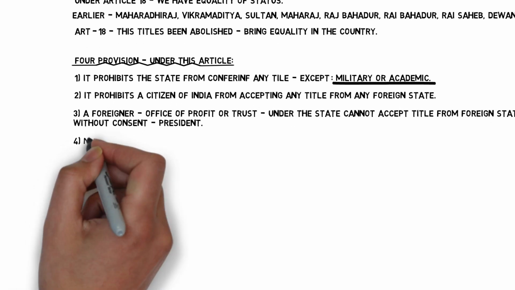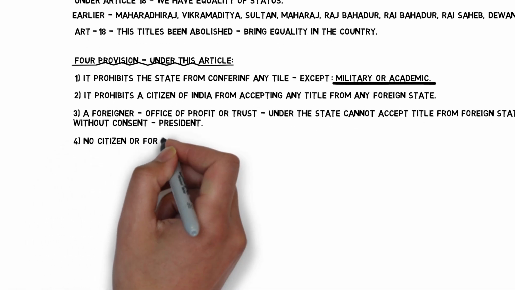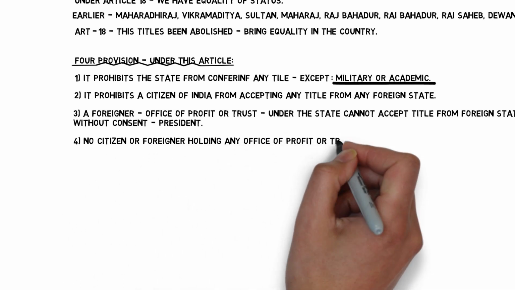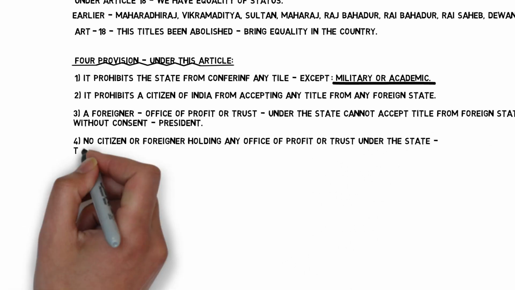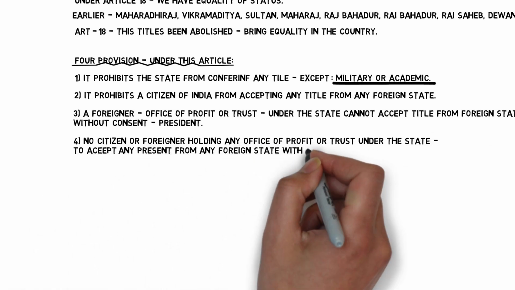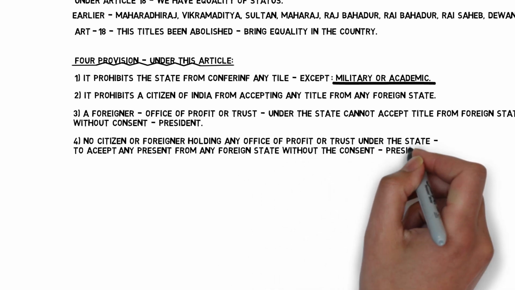And the last, fourth provision is that no citizen or foreigner holding any office of profit or trust under the state is to accept any present from or under any foreign state without the consent of the President.